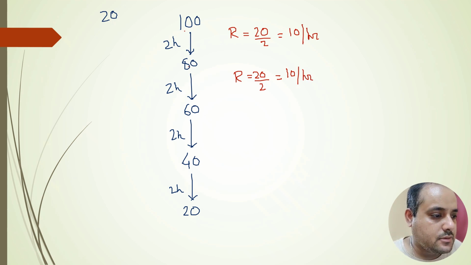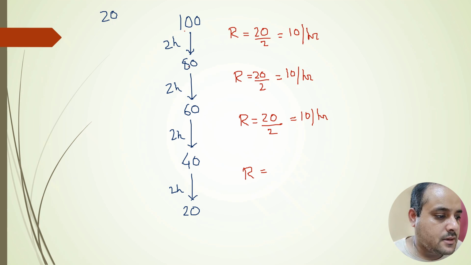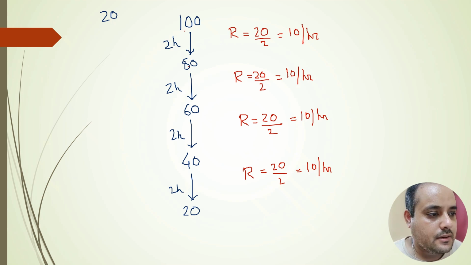In every case the rate of elimination is 20 molecules in 2 hours, that is 10 per hour. So if you look carefully, when the plasma concentration is high, the rate of elimination is still the same. Even when the plasma concentration is low, the rate of elimination is still the same. It is uniform all throughout.